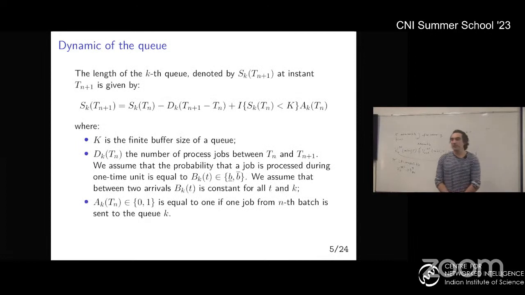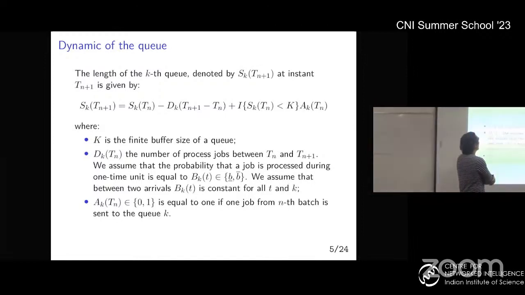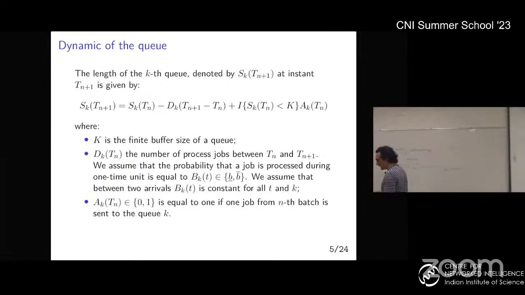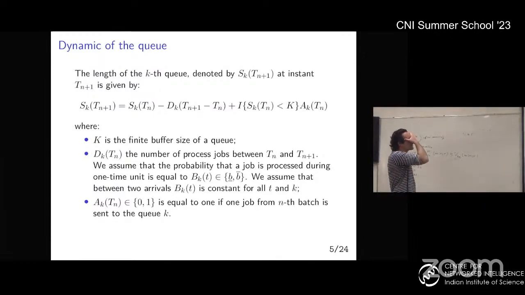So let's look at the dynamic of the queue. As I said, and this is actually the tricky part, your queue is only observed at the arrival time. So the length of the queue, which is denoted by S, at the n plus 1 batch arrival of jobs, is equal to what?